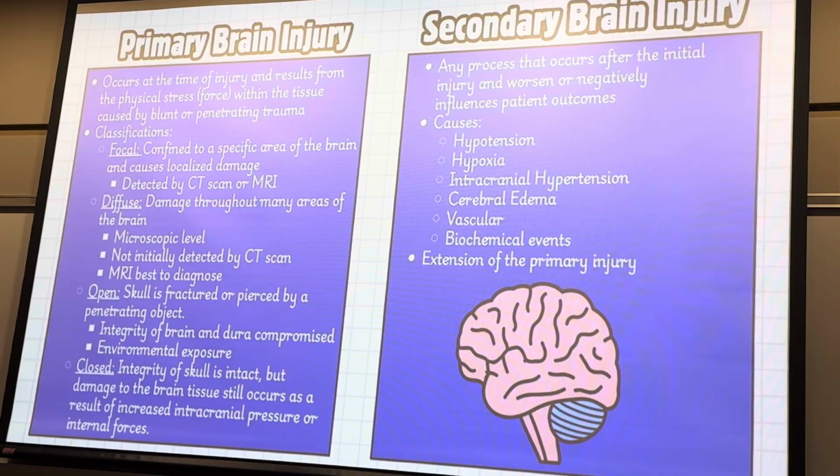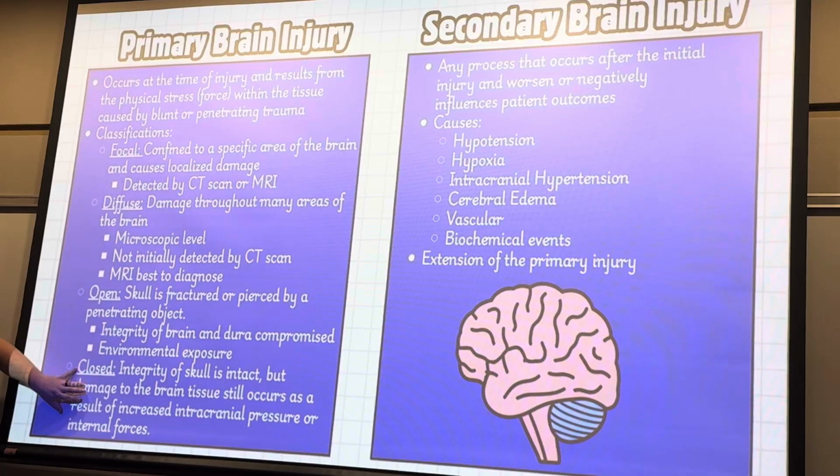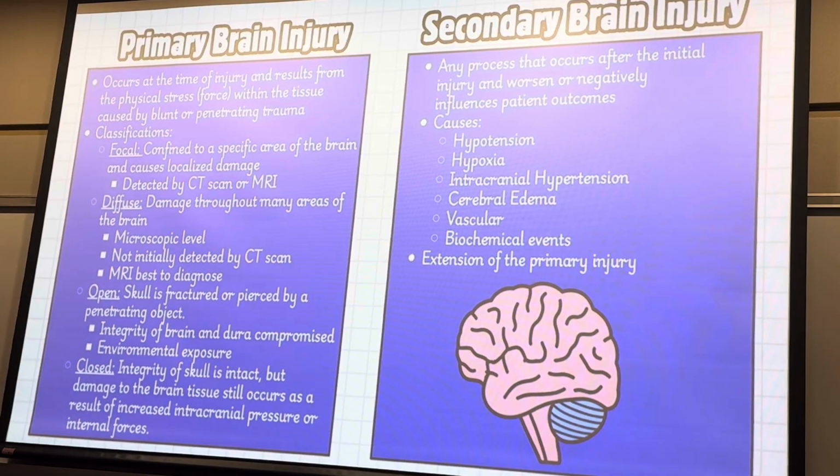So that blunt force or penetrating trauma that's occurred to the skull. We classify these in a couple different ways, four different ways. We have focal versus diffuse. So focal and diffuse are paired together. And then you have open versus closed, so they're paired together as well.